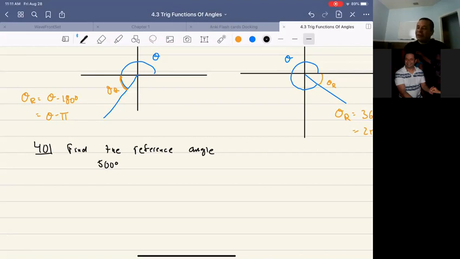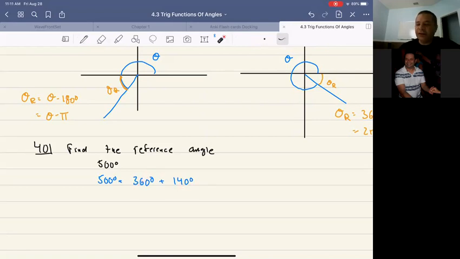So the first thing we're going to do is what I'm going to call mod out the revolution of the circle. So 500 degrees equals 360 degrees plus 140 degrees. Now the 360 degrees basically takes us one whole rotation, and now we're just looking at 140 degrees.